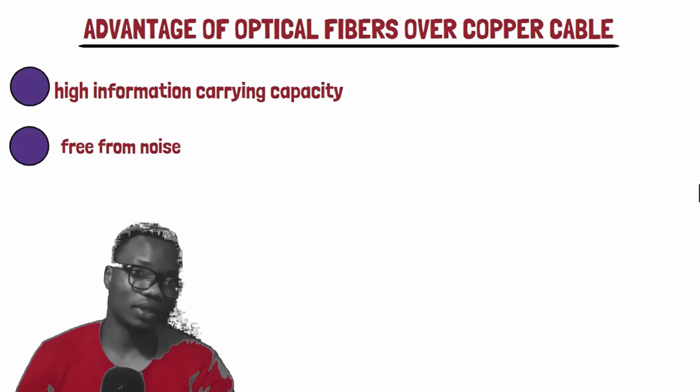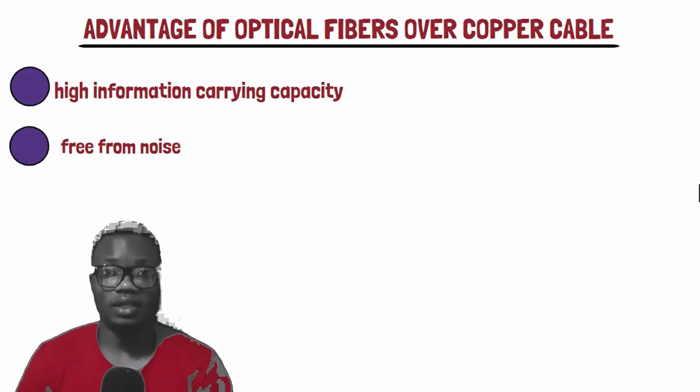Compared to optical fiber, copper cable can be easily interfered with by electrical noise, because copper has the ability to transmit electricity. Copper is a conductor. So using a copper cable, there is a high chance of interference from electricity. Using an optical fiber frees you from noise reception.